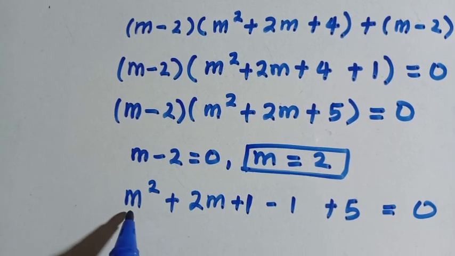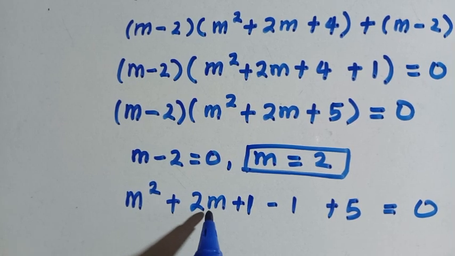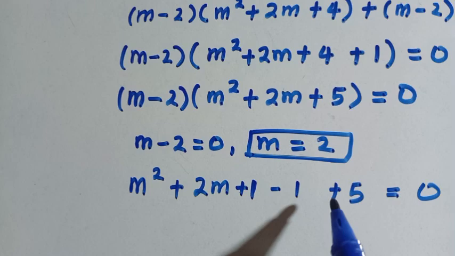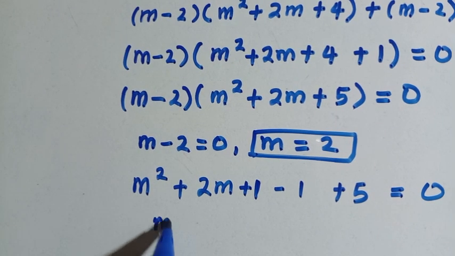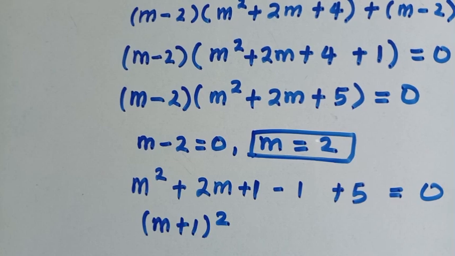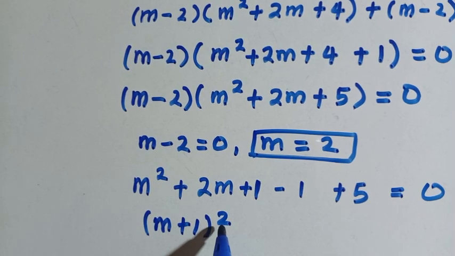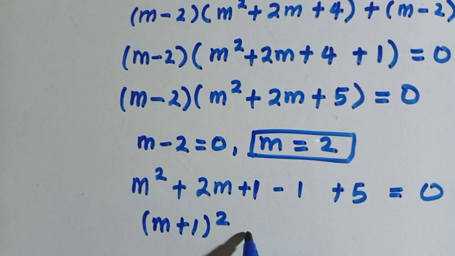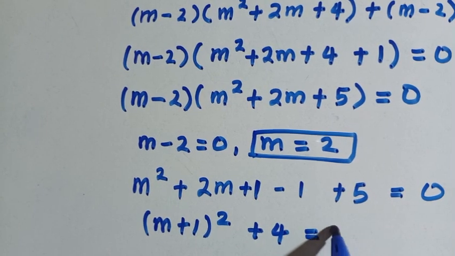So when we combine m squared plus 2m plus 1 together and minus 1 plus 5 together, we get this as m plus 1 raised to power 2, because the expansion of m plus 1 raised to power 2 is going to give us m squared plus 2m plus 1. And here is minus 1 plus 5, here is plus 4, equals 0.